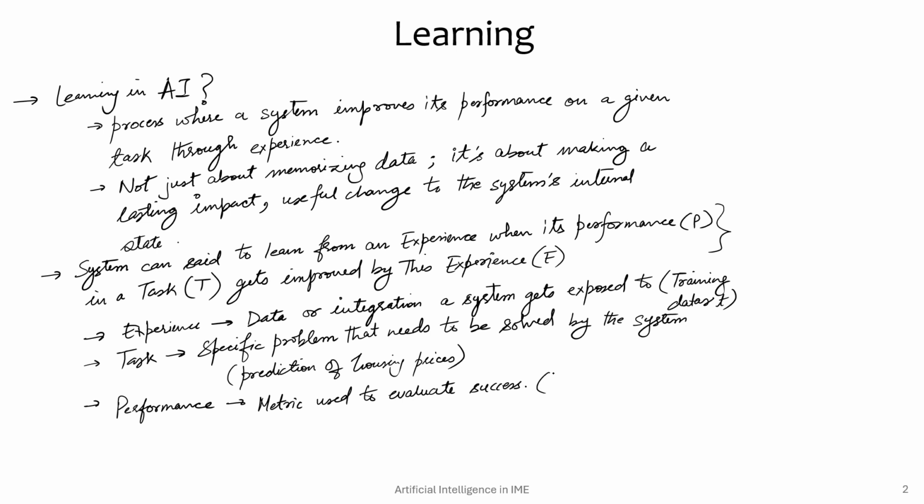Any kind of metric like accuracy or mean scores or mean squared errors, also known as MSE, can be used to evaluate the performance of the system. So there are three major things here: experience, task and performance.